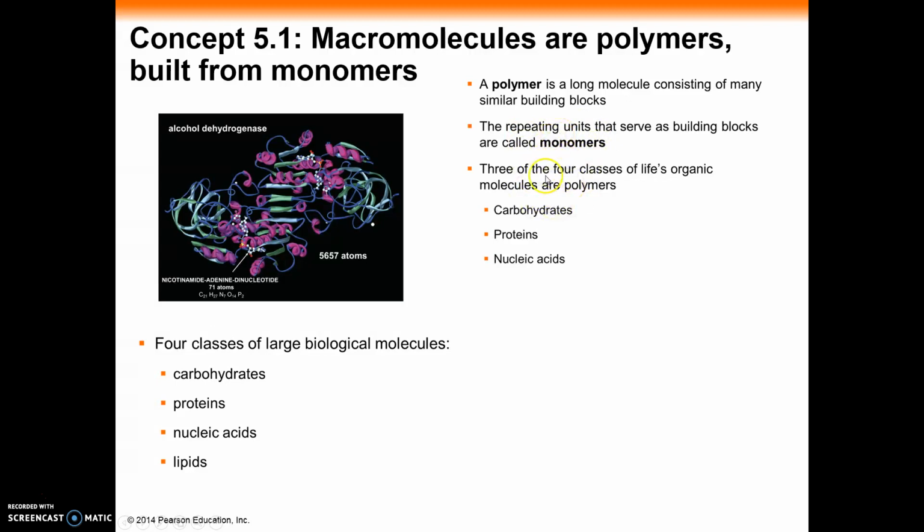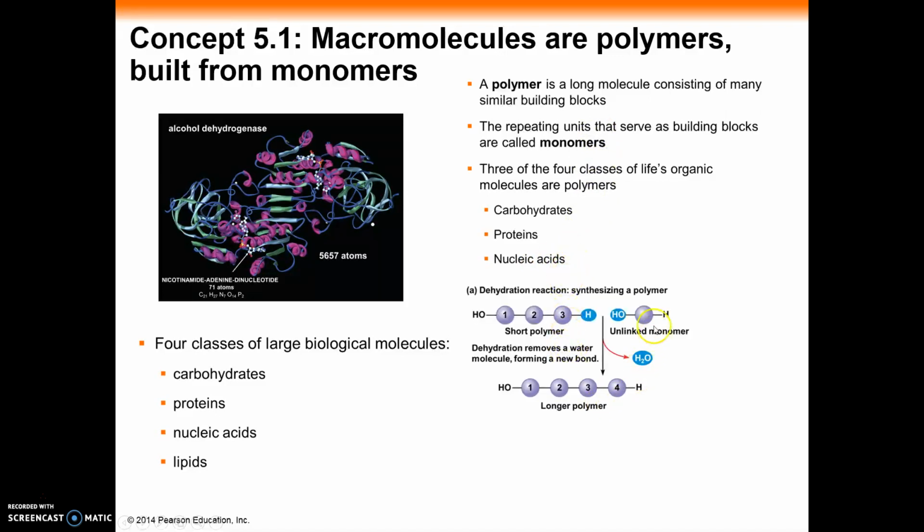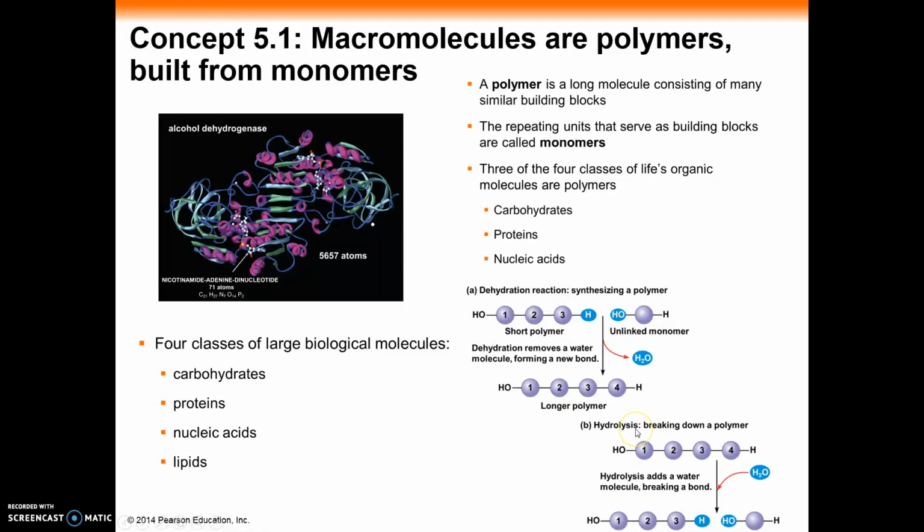The 3 classes that fall into this are carbohydrates, whose monomers are simple sugars; proteins, whose monomers are amino acids; and nucleic acids, whose monomers are nucleotides, or those A's, T's, G's, and C's. We put them together typically through a dehydration reaction where we remove a water molecule, linking the new monomer to a growing chain, and we call the reverse of that a hydrolysis reaction, which adds a water to break that bond.